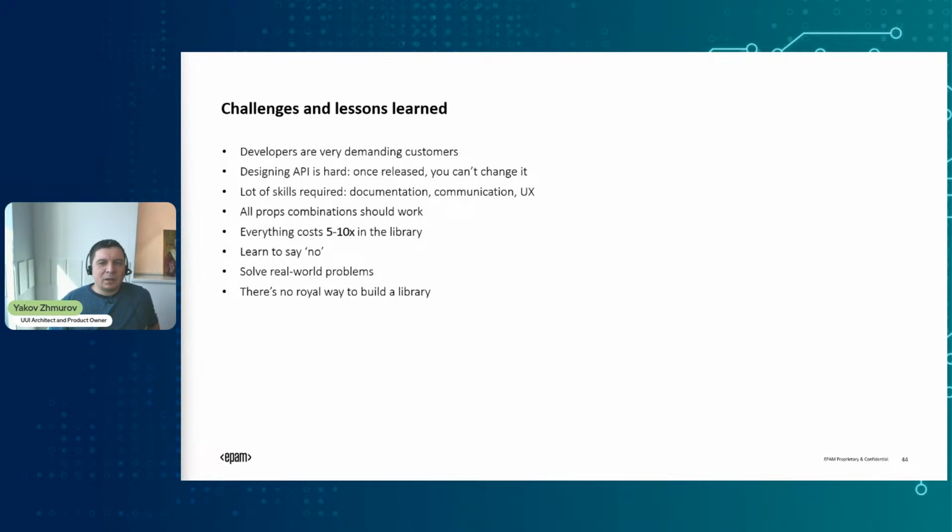Designing APIs to last is a really hard part. Once we release something, it's hard to change its API. Probably when your customers are far away and you don't care much about their problems, you can build a new UI every year, like React Router does, and somehow they are still alive.